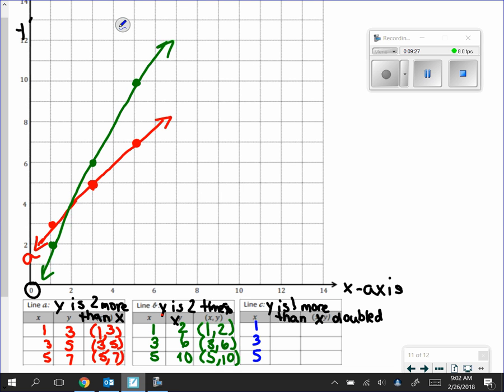If it was 1, I would double it and then add 1. So 1 doubled, 1 times 2 plus 1. 3 doubled is 6 plus 1. 5 doubled, 10 plus 1. So then I've got my points.